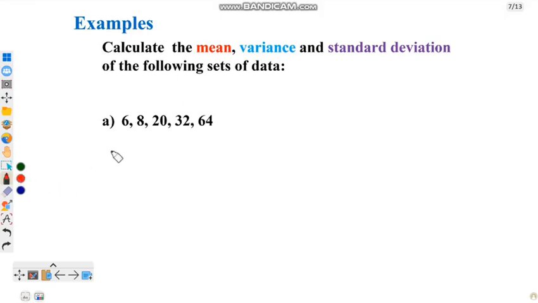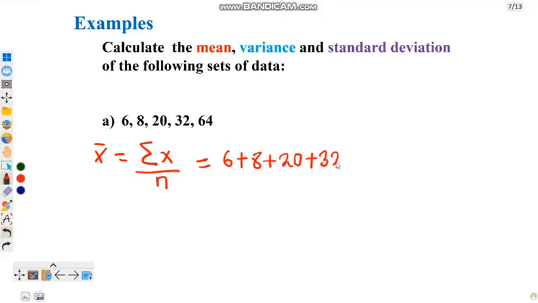We find the mean. So here we said mean is equal to summation of x over n. So from here we are going to add 6 plus 8 plus 20 plus 32 plus 64 over n, the number of data values, 1 2 3 4 5. So these are 5.